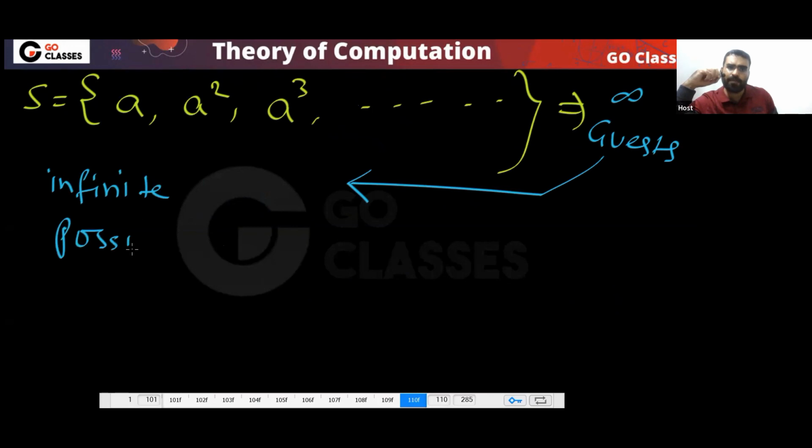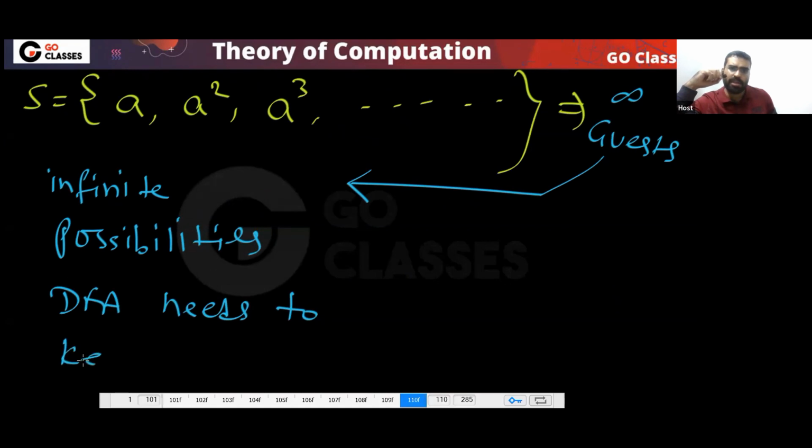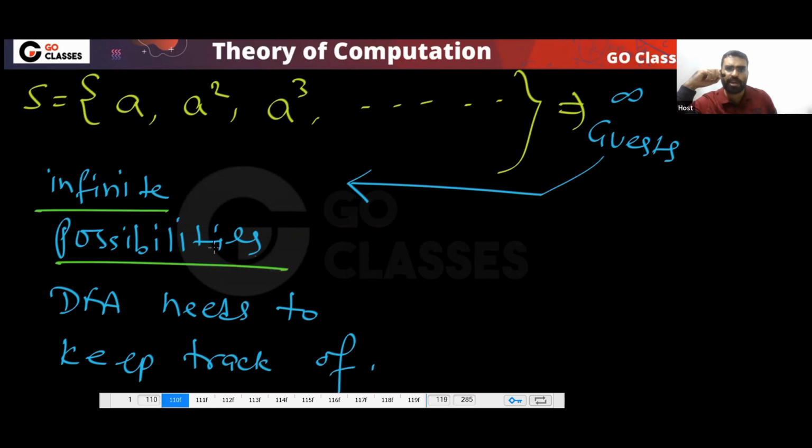These are the infinite possibilities DFA needs to keep track of. Remember, for this language, if you want to accept this language, then DFA must keep track of infinite possibilities.